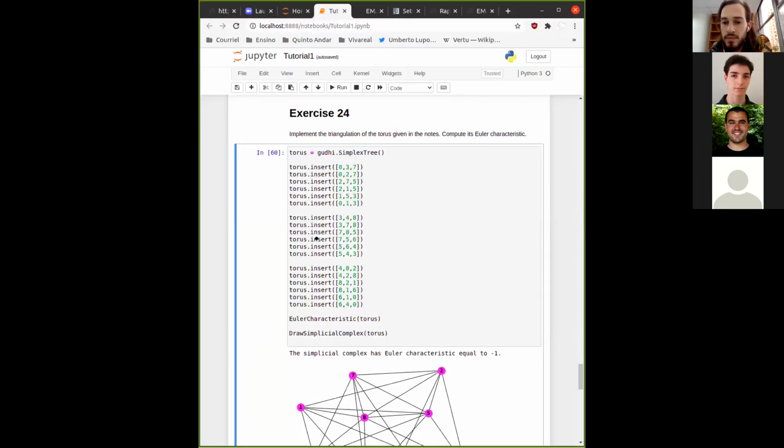So you would end with 9 points. Yeah, right. And I think this is exactly the triangulation you have here, because the torus is the product of two circles, and you say that the first circle can be triangulated with a triangle, and the second one also. So you have the two triangles. Yeah, exactly. This is a nice description.